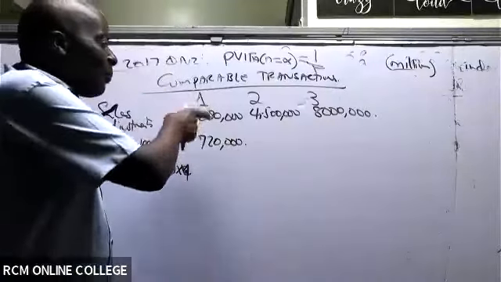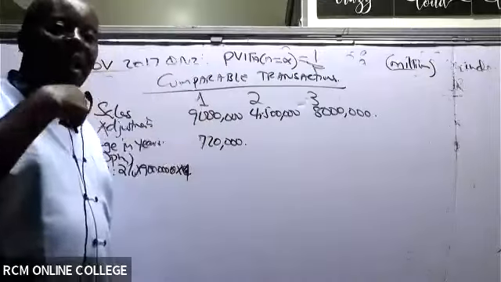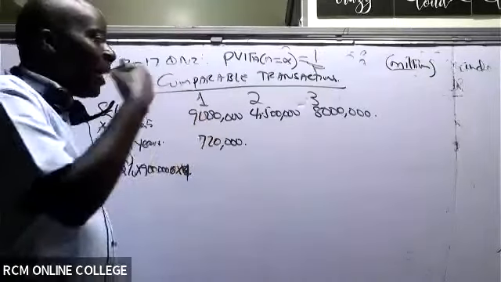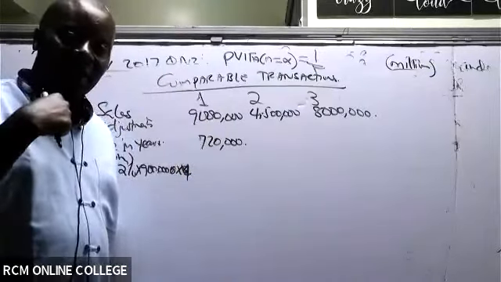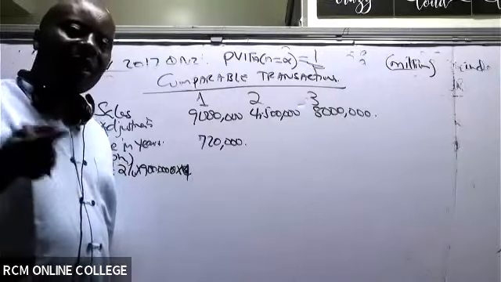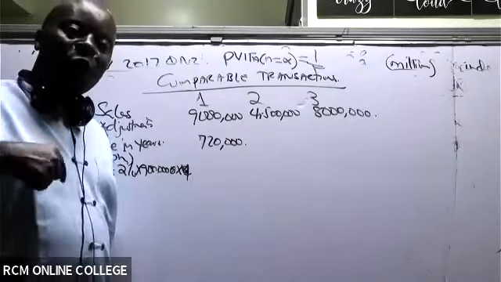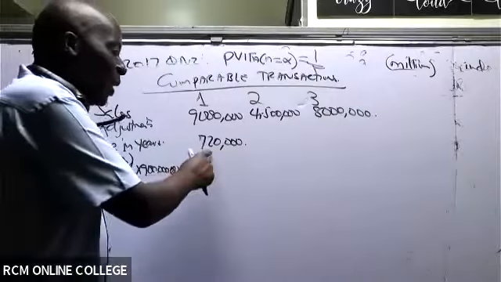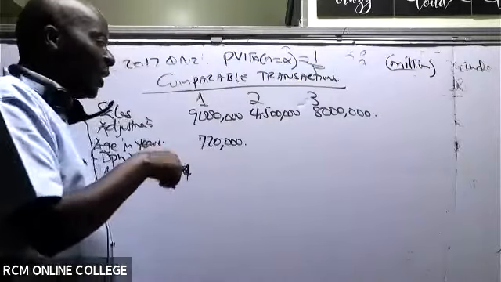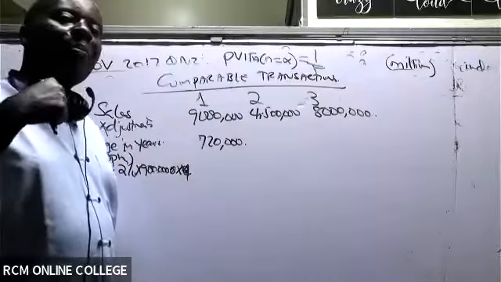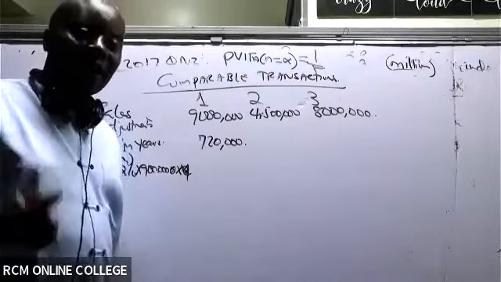I would want these properties to be adjusted to meet my property. My property is newer, so there is a benefit, and I should be able to enjoy this benefit. In terms of depreciation, my property should be much superior because mine is newer.